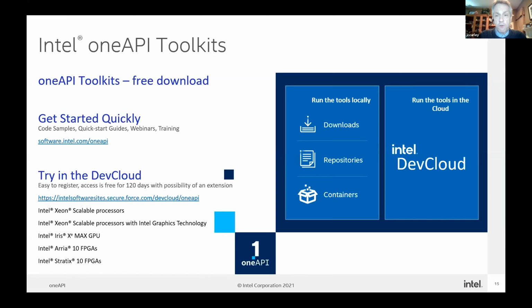They're available for free download. You can start working with them. Please give us feedback. This is a Rev 1.0 product. We are at the beginning of a long journey.